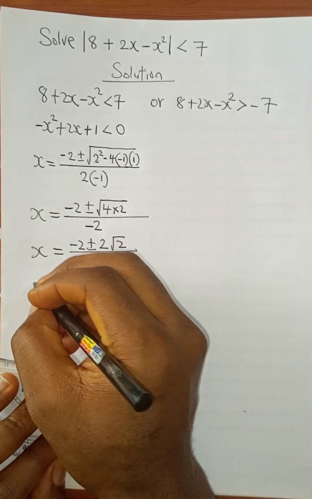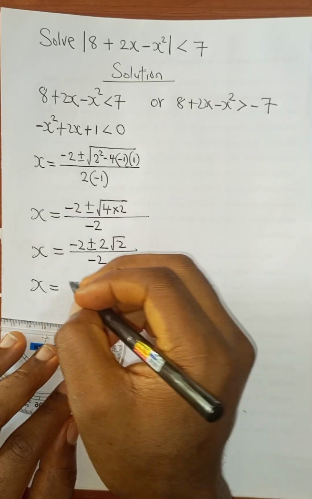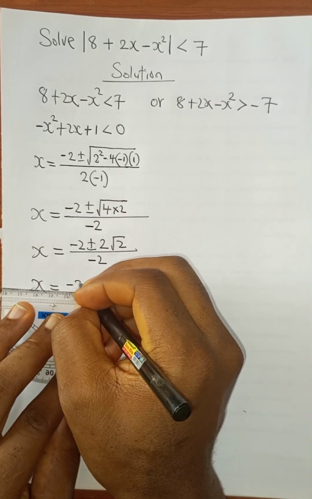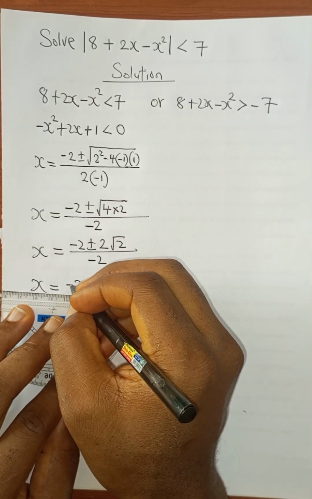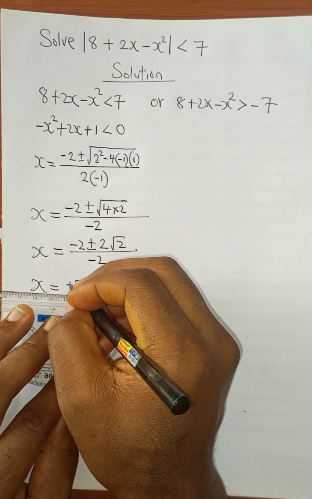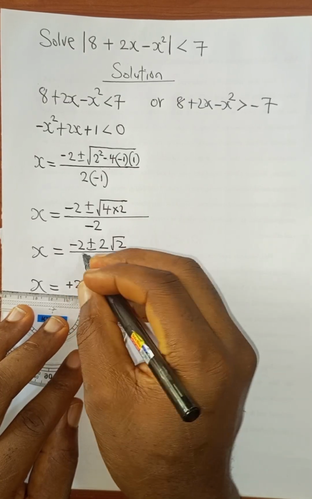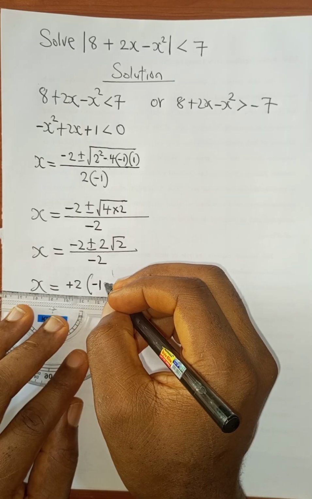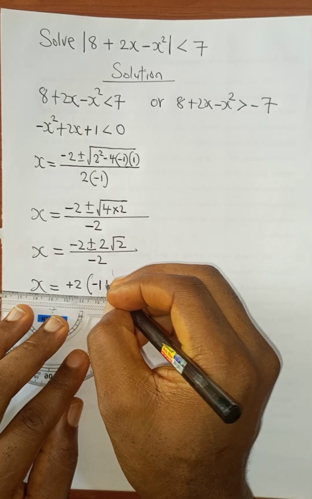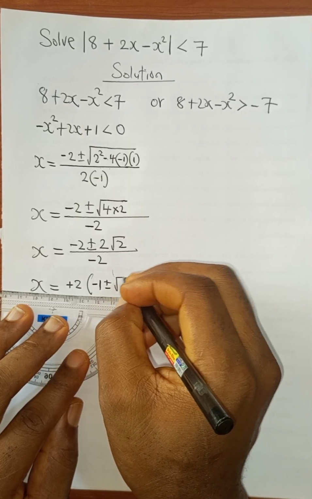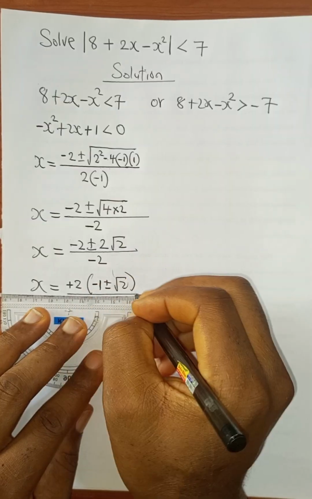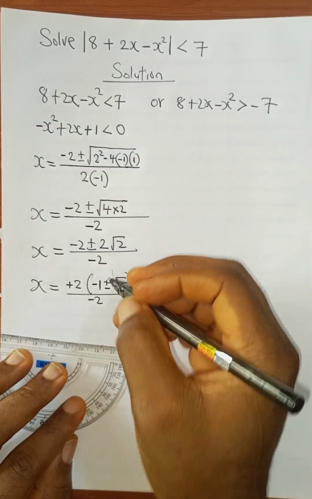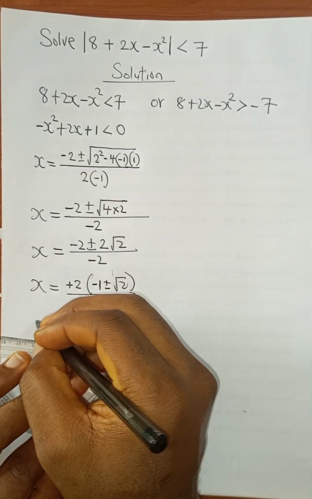I think it's better we solve it like this to avoid confusion. If we bring out 2, what will remain here is minus 1, then plus or minus root 2, over minus 2. So this will cancel this. We have minus 1 outside.